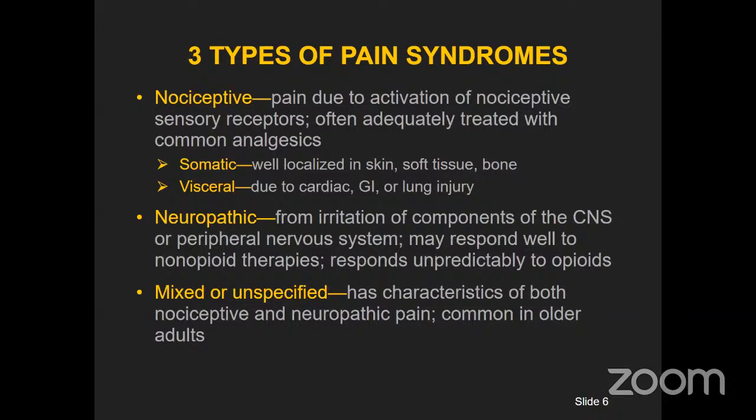Neuropathic pain arises from irritation of a component of the CNS or peripheral nervous system, may respond well to non-opioid therapies, and responds unpredictably to opioids. Mixed or unspecified has characteristics of both nociceptive and neuropathic pain, and is common in elderly adults.